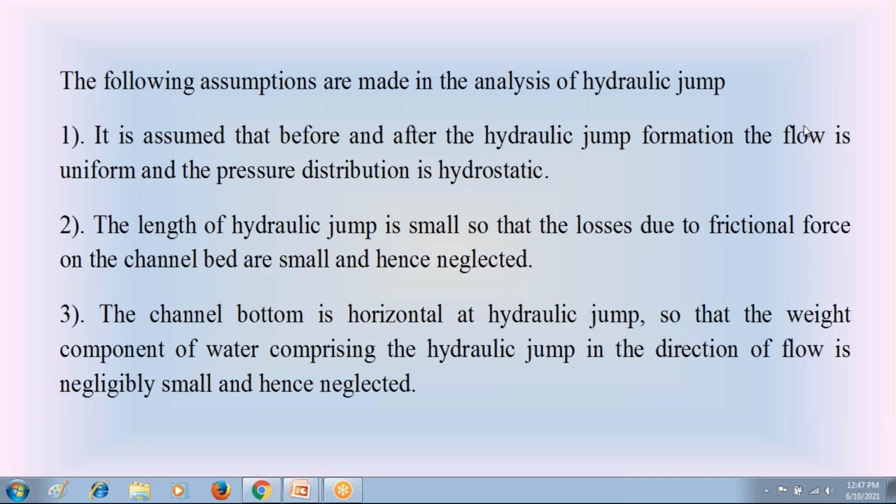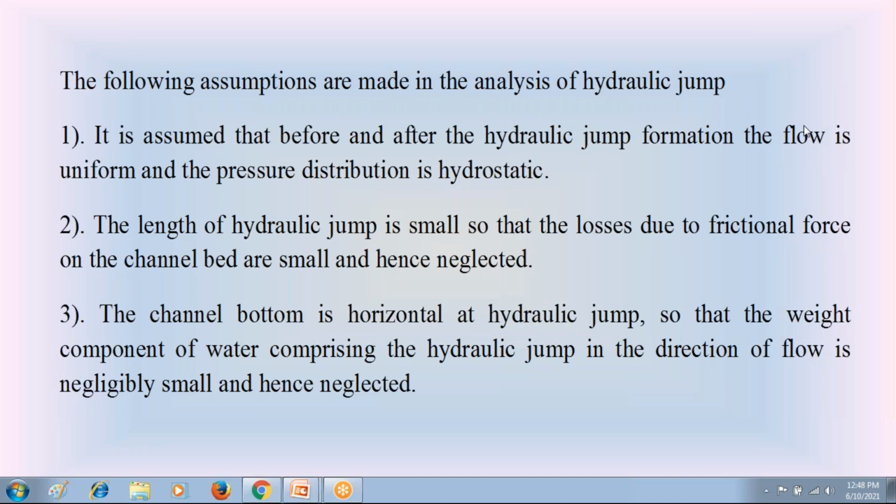In that portion of the hydraulic jump, we assume the channel bottom is horizontal. So wherever the hydraulic jump is forming, in that portion of the hydraulic jump, we assume the channel bottom is horizontal. Dear students, we know in that open channel, the weight of water W is resolved into the component W sin theta in the direction of water flow.